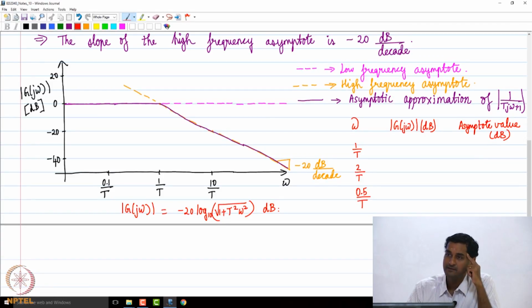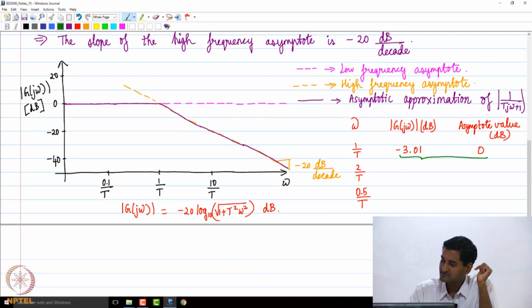What do you get? You get log of square root of 2. So that you can say as minus 10 log of 2. What is log of 2? 0.3010, to the base 10. So I can say that this is going to be minus 3.01 decibel. And what is the asymptote value? 0. So consequently, what is the change?